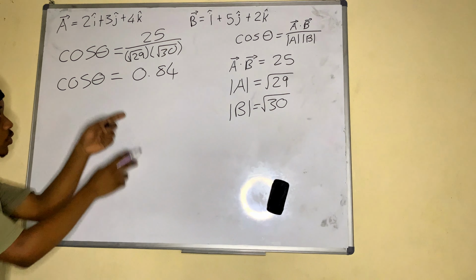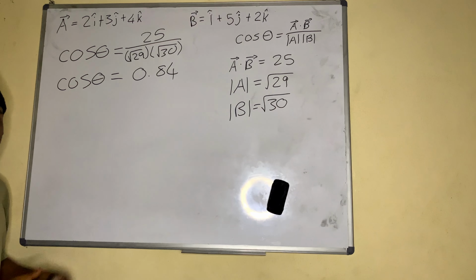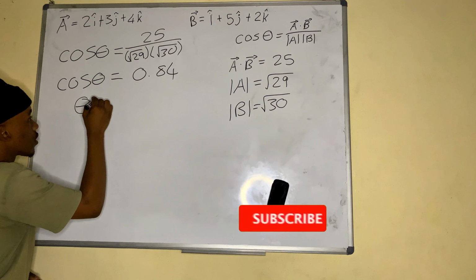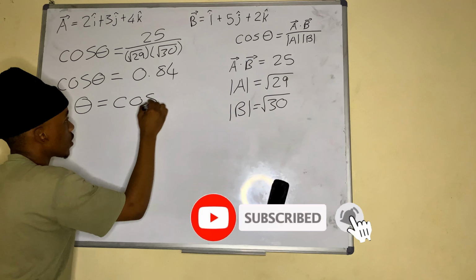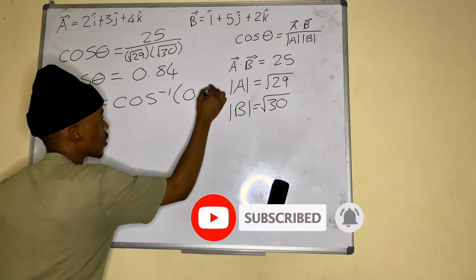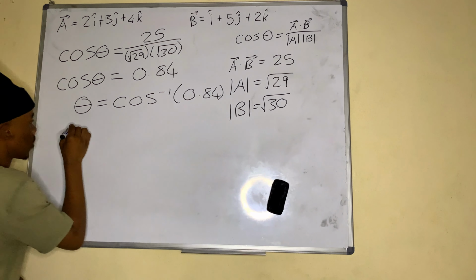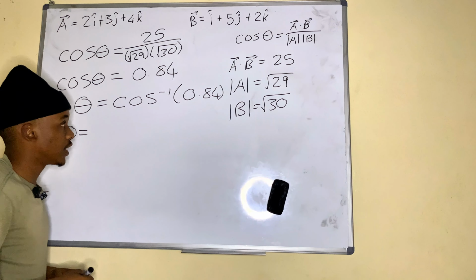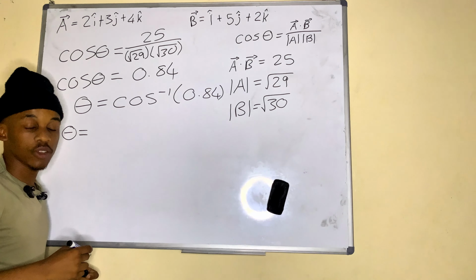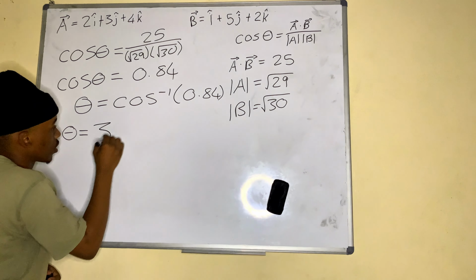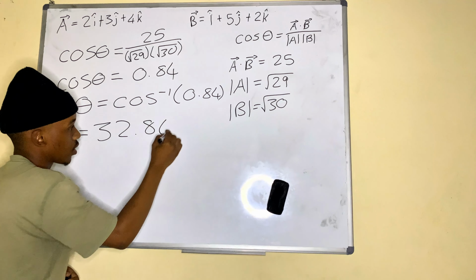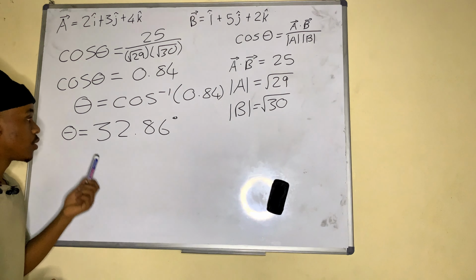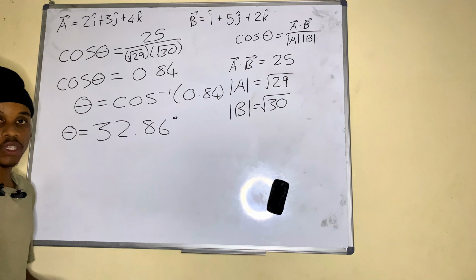And transposing the cos to the other side, such that we're left with theta, and substituting that into the calculator, we get a final value of 32.86 degrees, meaning that this is the angle between our two vectors.